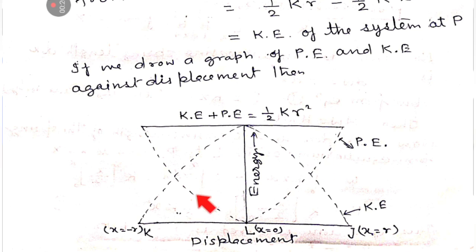The graph of potential energy versus displacement is this curve, and the graph of kinetic energy versus displacement is this curve.